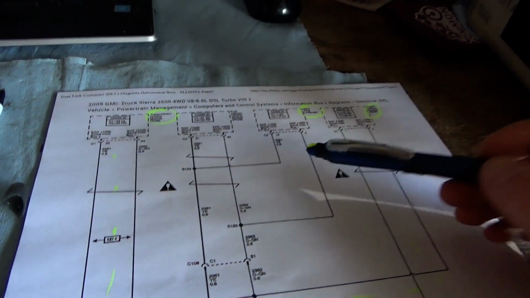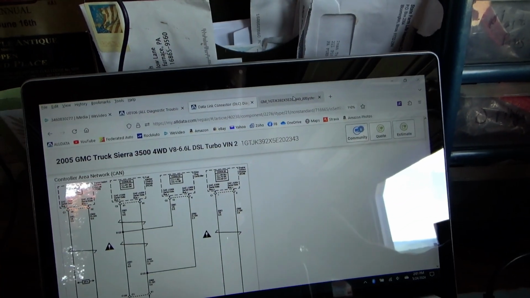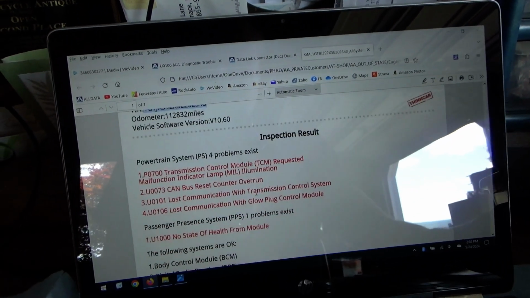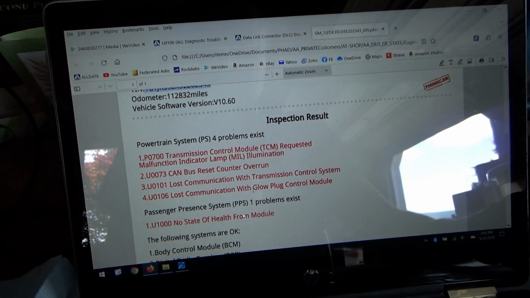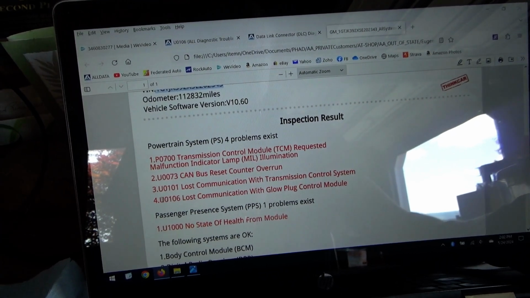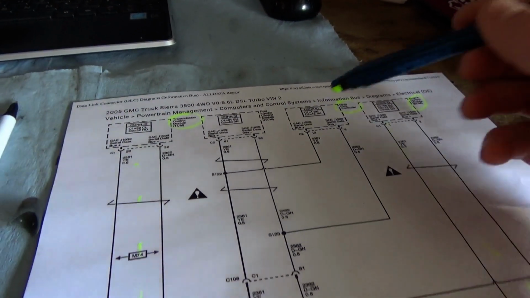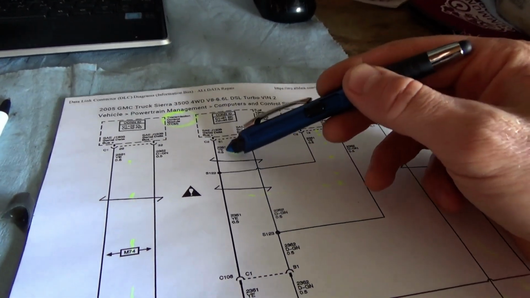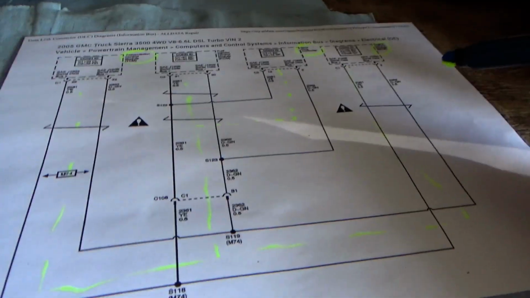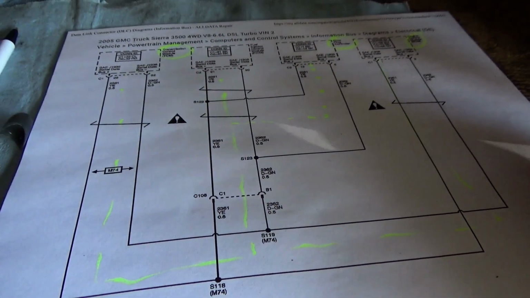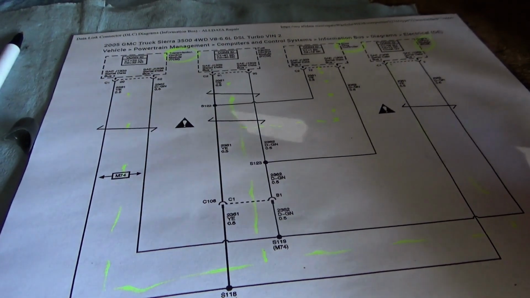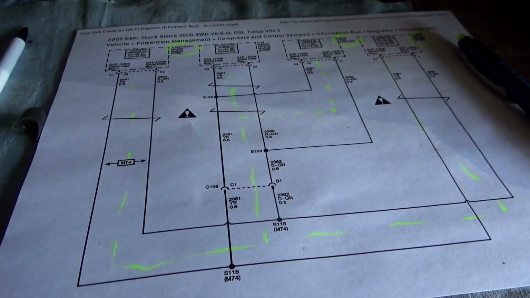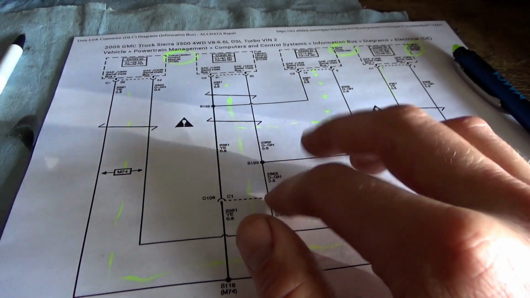Now there was also a code stored in the ECM, let's see, lost communication with glow plug control module U0073. There's the glow plug controller. So here, okay, so right away I want to get an oscilloscope on these high-speed communication wires.